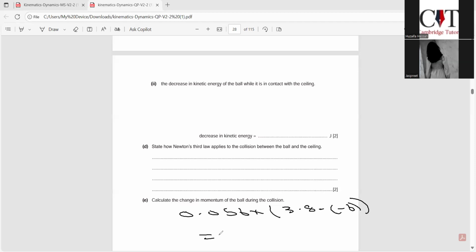That would be your answer. Is it clear? Yes, sir. Because during the collision, we have just these two speeds which have changed.